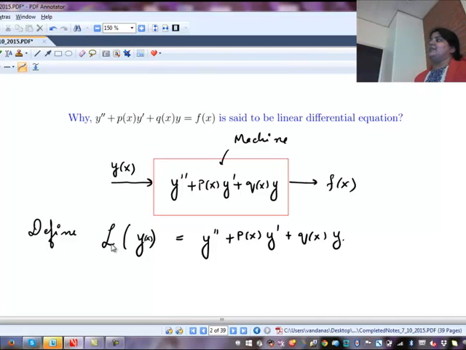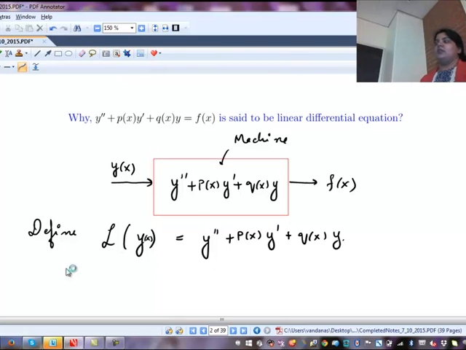If this operator is linear, then we will call this differential equation linear. Given any differential equation, you collect all the y derivative terms and y terms, define an operator, and then check whether that's linear or not. If it's third order, fourth order, fifth order, any order, you just collect everything which is on the left.